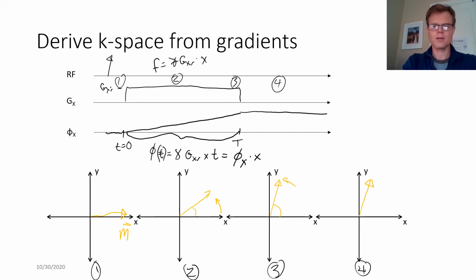And therefore, this value out here is the total amount of phase that has accumulated during that gradient, just evaluating this equation at time t equal to capital T. This is basically the phase effect of our gradient as a function of x position.